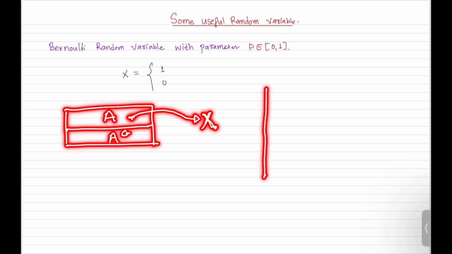Let's not worry about that, because we have already seen we can think of our random variable as a black box. So let's assume that whenever the event A occurs, the random variable maps it to 1, and whenever A does not occur, then A complement occurs and the random variable maps it to 0.